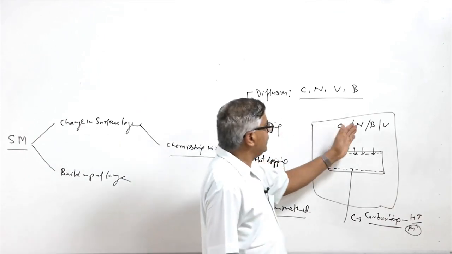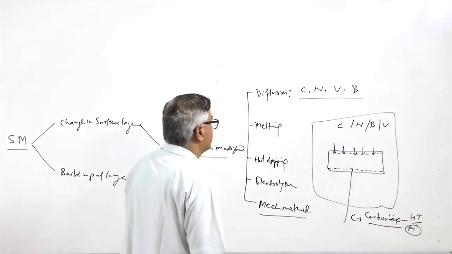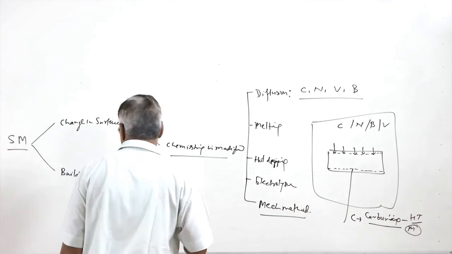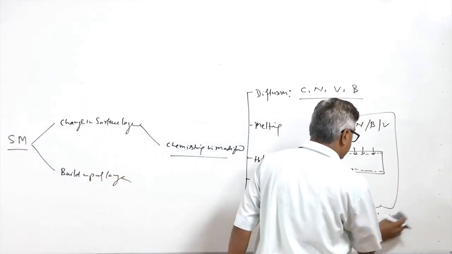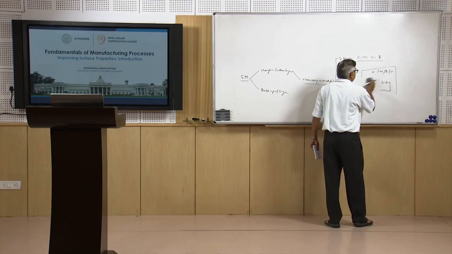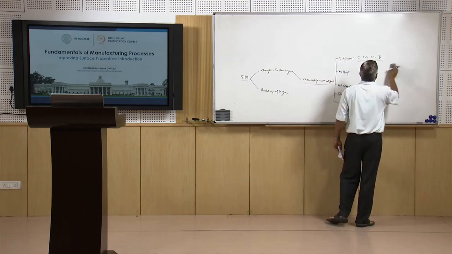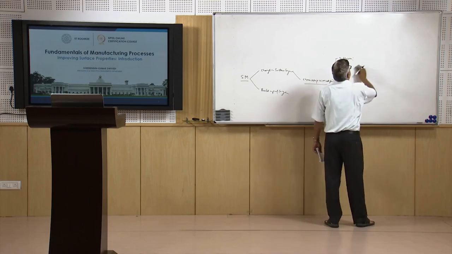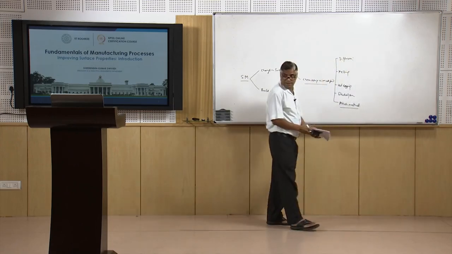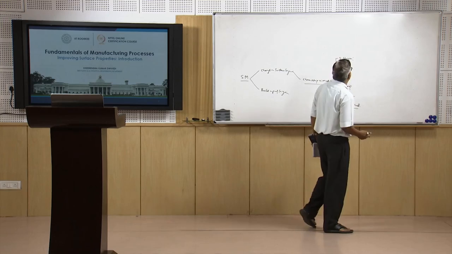Similarly, iron nitride is also formed at the surface for increasing the hardness of the surface. In all these methods, we will go through the typical names used for modification of the surface composition through the introduction of carbon, nitrogen, vanadium and boron.